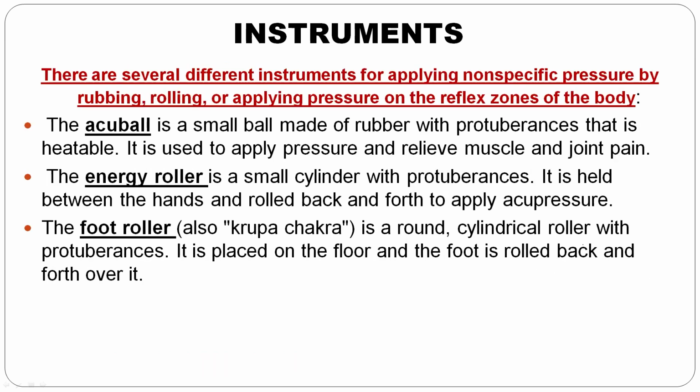There are several different instruments for applying non-specific pressure by rubbing, rolling or applying pressure on the reflex zones of the body. There is the AccuBall. AccuBall is a small ball made of rubber with protuberances that is heatable. It is used to apply pressure and relieve muscle and joint pain.